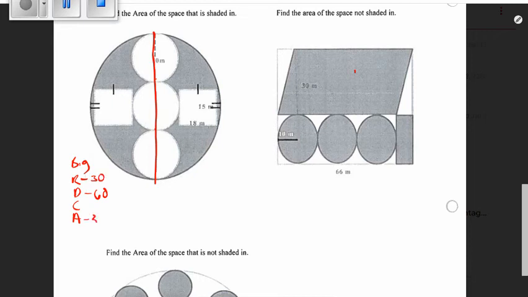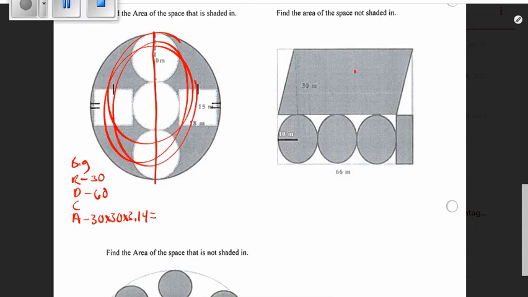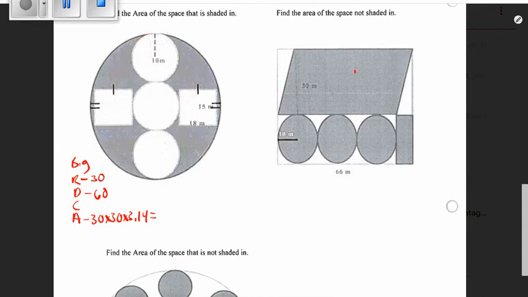So to find the area, it's 30 times 30 times 3.14. That's going to give me the area of the whole entire circle, everything in there. So if I go 30 times 30 times 3.14, I will get 2,826. That's everything.